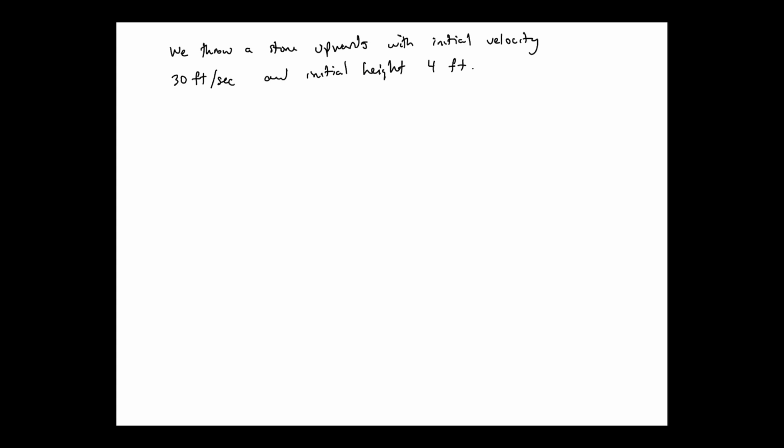Okay, so the first step is we need to write down what the IVP is for this situation. Well, the initial height and the initial velocity tell me these two things: that S of 0 is 4.